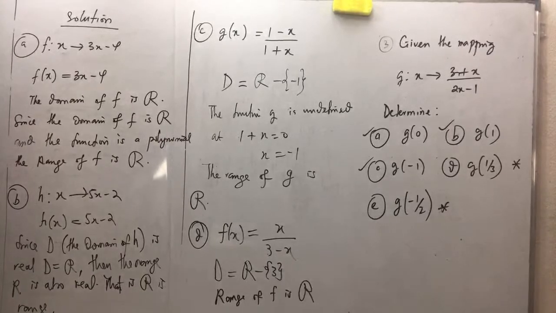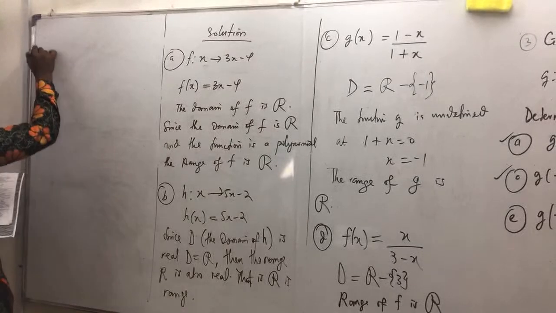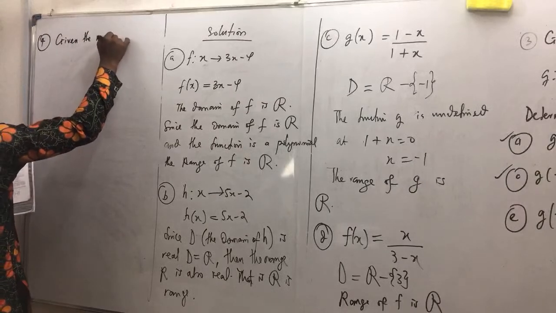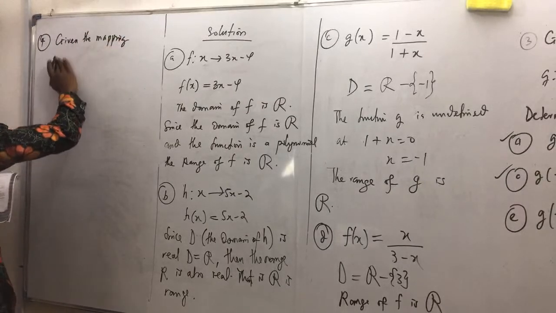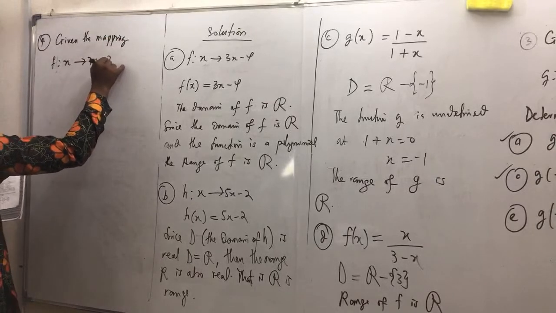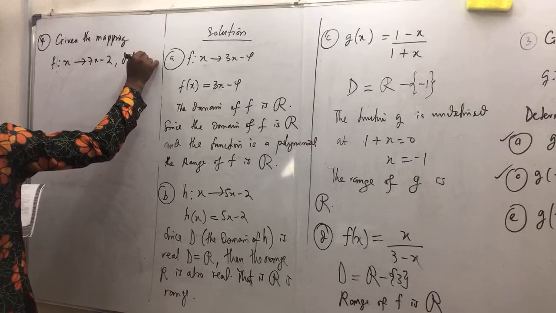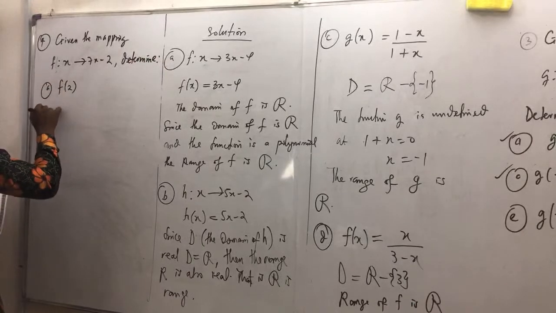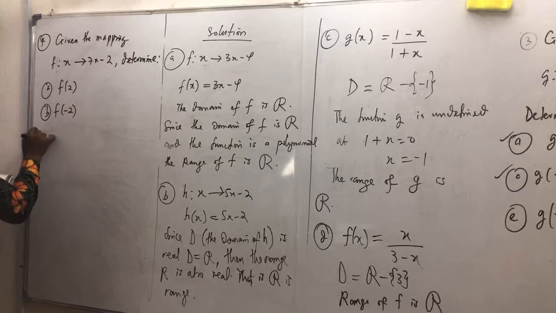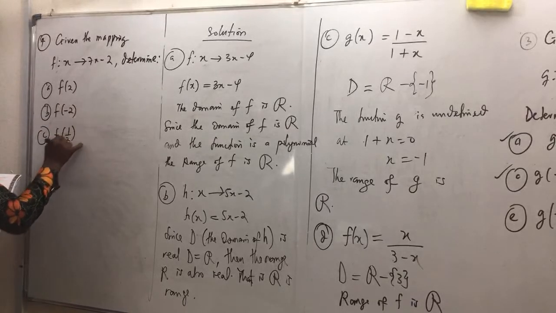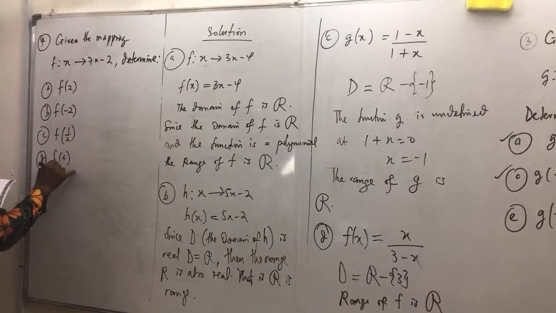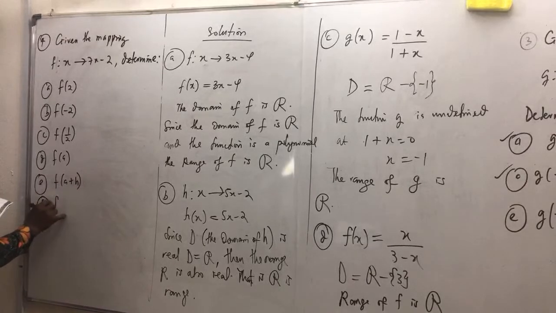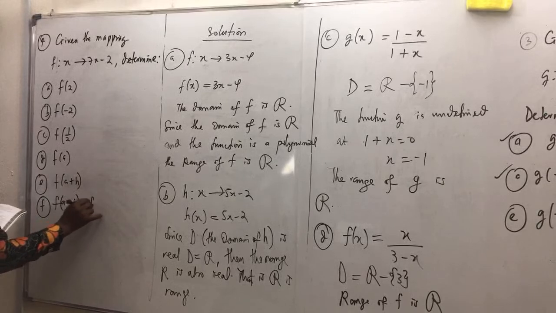In question 4, we have, given the mapping f from x into 7x minus 2, determine: A, f of 2; B, f of minus 2; C, f of 1 over 2; D, f of a; E, f of a plus h; F, f of a plus h minus f of a.